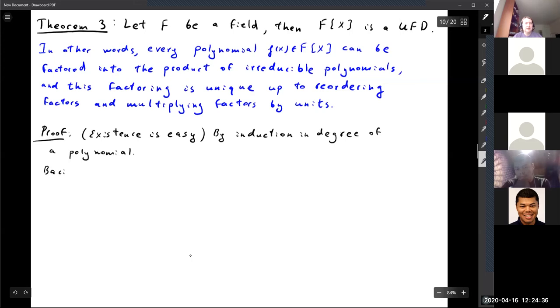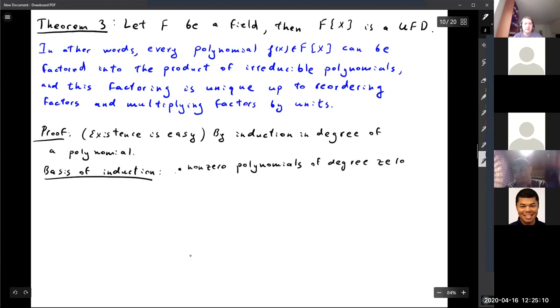Now, basis of induction is the following. Non-zero polynomials of degree 0 are units in F of x.